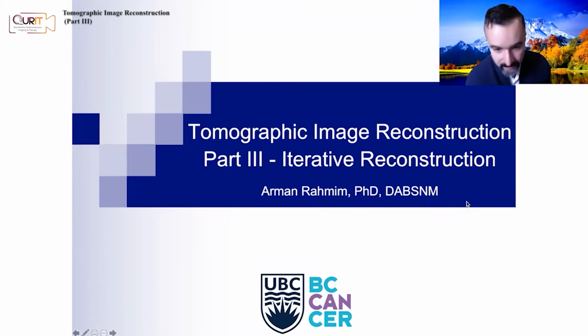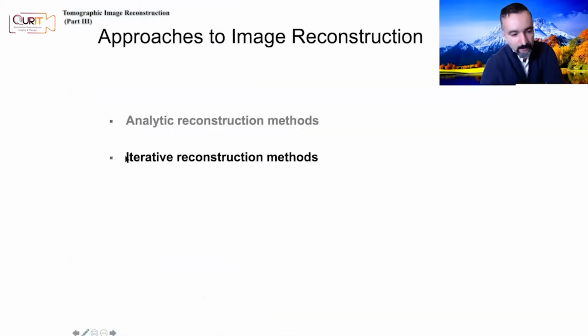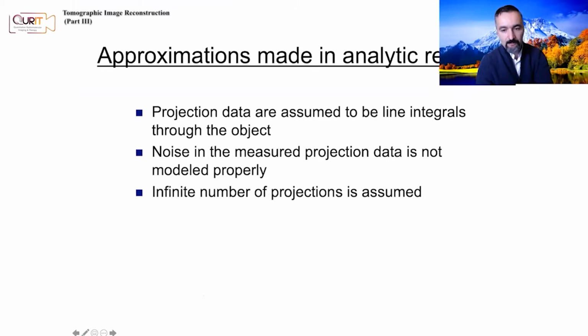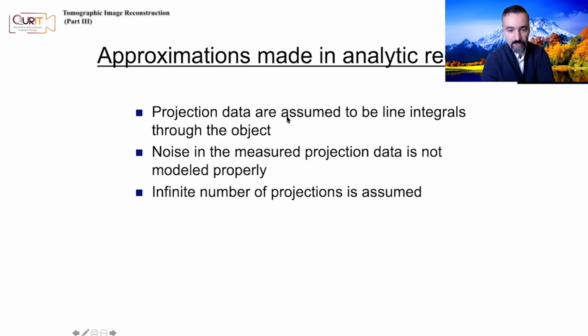So in this talk, we will move on to iterative reconstruction. We talked about analytic reconstruction in the previous talk, and now we're moving on to iterative reconstruction methods. The approximations made in analytic reconstruction are the following: that the projection data are assumed to be line integrals through the object.